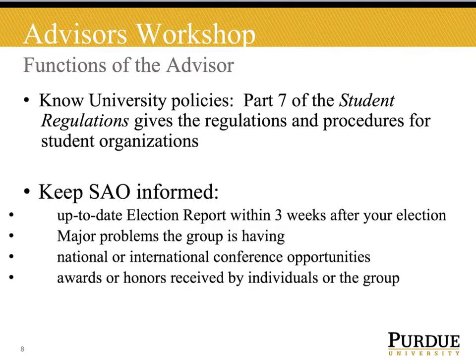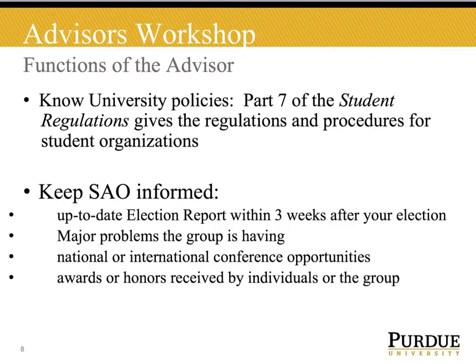Speaking of being knowledgeable about what is available to our students on campus, it's also good if you review the university policies, which are now actually the student regulations, Part 7, which really goes over the procedure of student organizations. It is a great reminder for advisors of what is under our tutelage, of what we need to be guiding our organizations through.